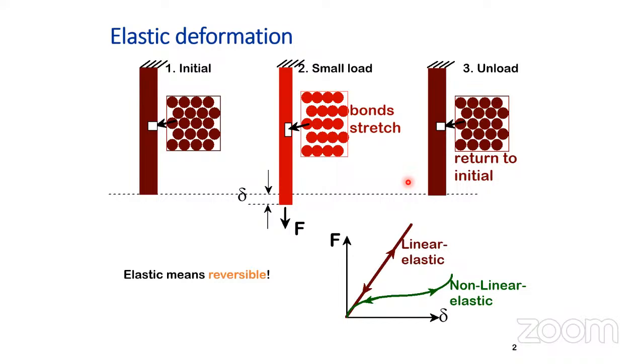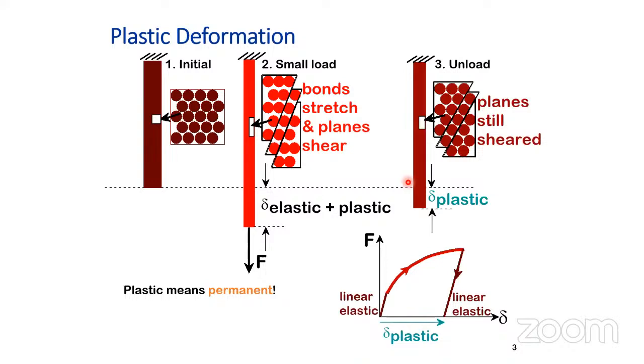Okay, so this is all about the elastic deformation of polymeric systems. A polymer we can call elastic if it regains its original shape after removing the applied force. Second is the plastic deformation. If you see here, three states have been given. In the very first state, the initial one, the grains of the material are arranged in a very well-ordered manner, correct?